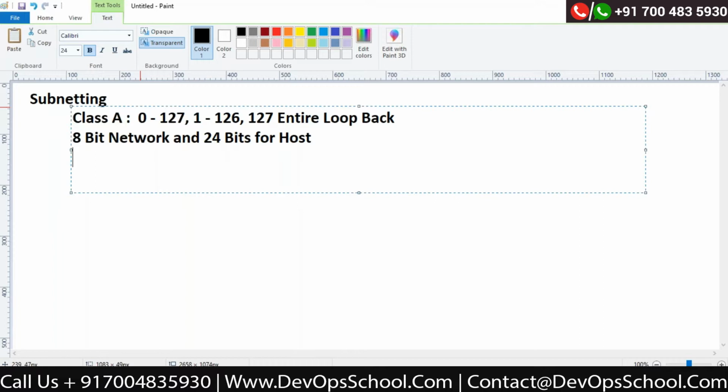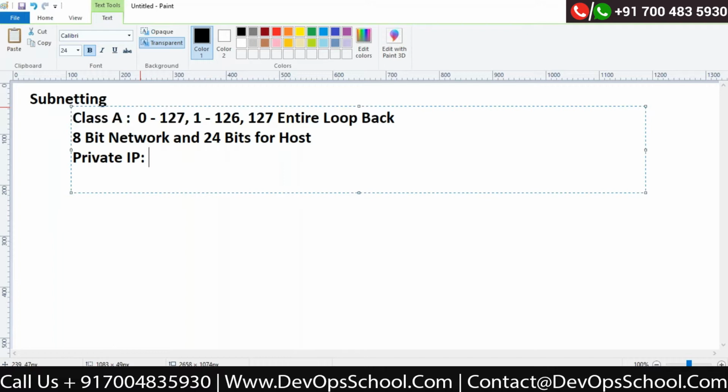Now, under this particular class, which private IP address is completely free for you? What is the private IP address? I told you that a private IP address is the IP address which you can use within your organization to transfer data inside a private network.